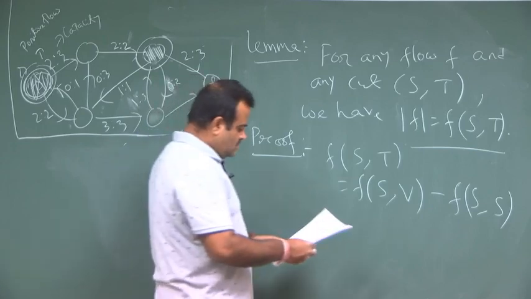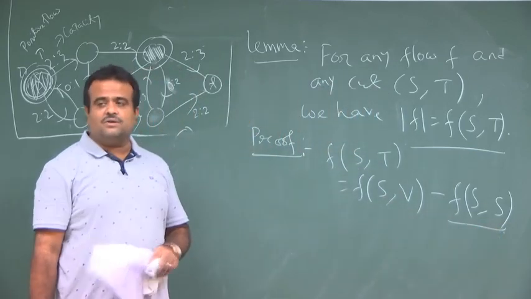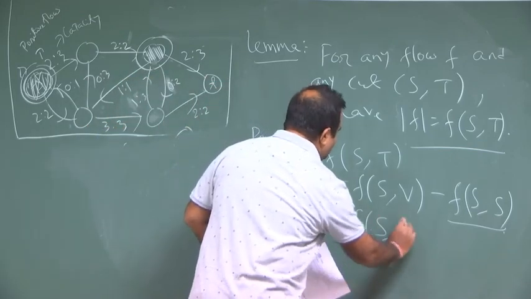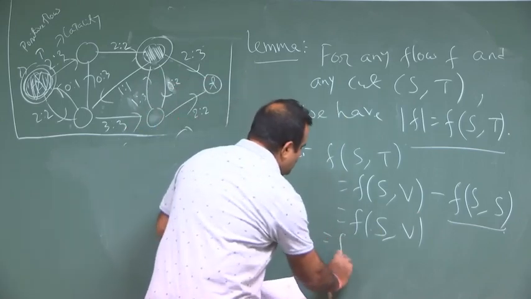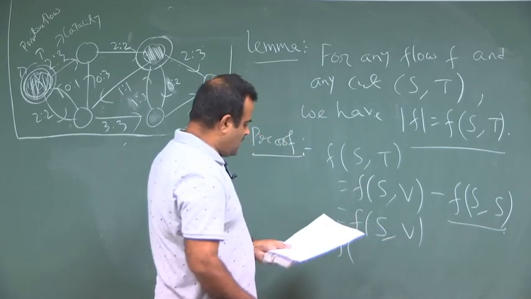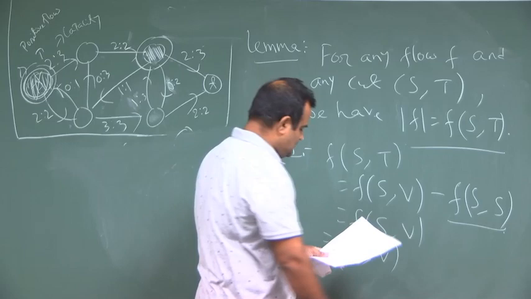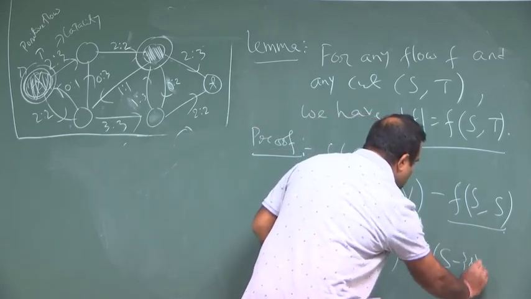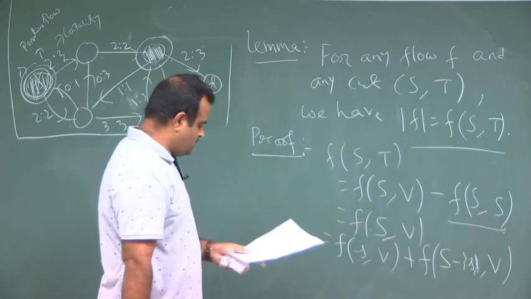Okay. So, this is 0, we know f of S comma S is 0. So, this is basically f of S comma V. Now, again we can write it as f of small s comma V plus f of capital S minus small s comma V, again using that disjoint property.